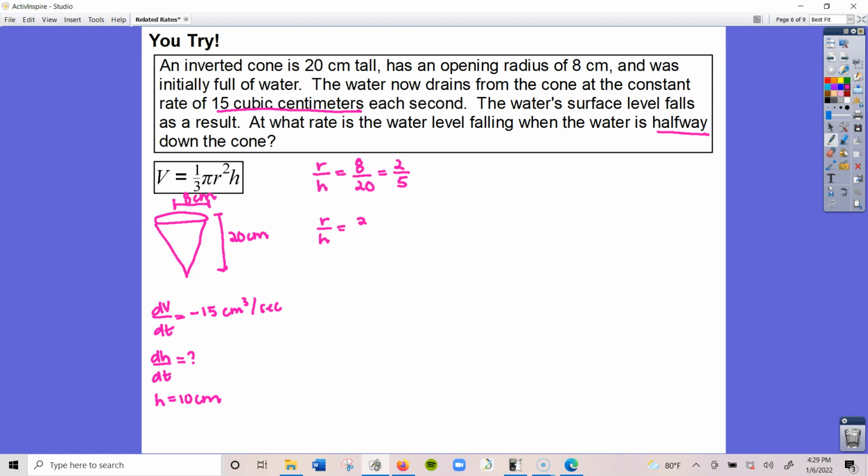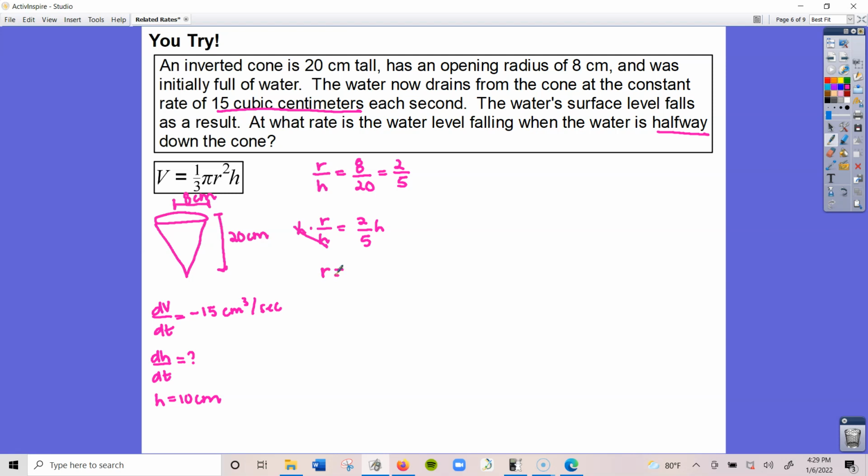Now, how do I know which variable I want to solve for? If I have dH dt, or I'm looking for dH dt, you look at whatever rate you have or are looking for. If it's h, you're going to solve for r. If it's r, you're going to solve for h. Since I want dH dt, I am going to solve for r, meaning I'm going to multiply h to both sides.